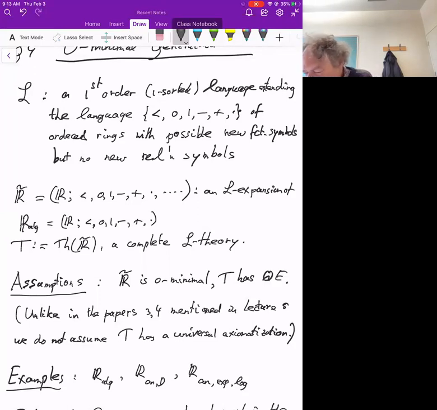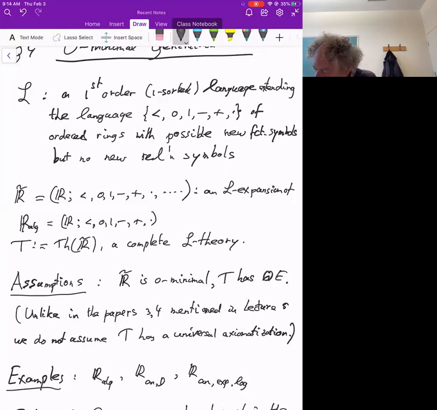And then R_an with this extra binary function symbol D for division, D(x,y) equals x divided by y if x is in absolute value less than y and y is not 0, and otherwise D(x,y) is 0. And then R_an,exp. Again, you need log to obtain quantifier elimination, and you have to make some convention about what log is for non-positive real numbers. You set it equal to 0, say.